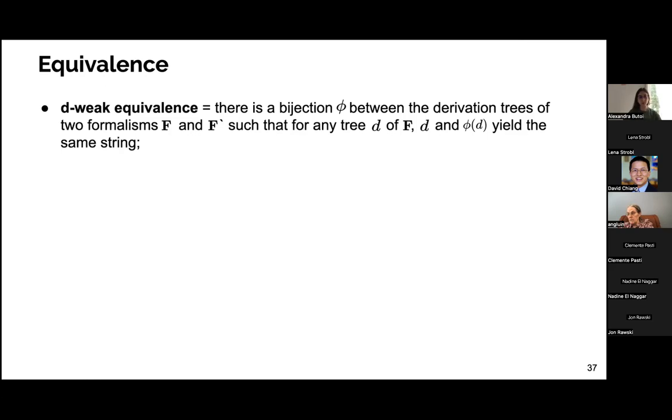So we introduced two notions of equivalence that are somewhere in between these two. The first one would be D-weak equivalence, which requires a bijection between the derivation trees of the two formalisms, such that for any tree D of F, the first formalism, D and phi of D yield the same string.